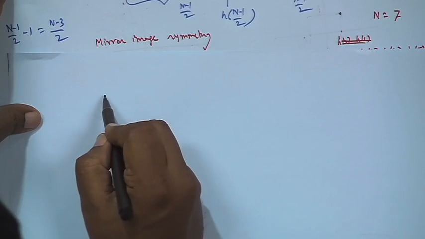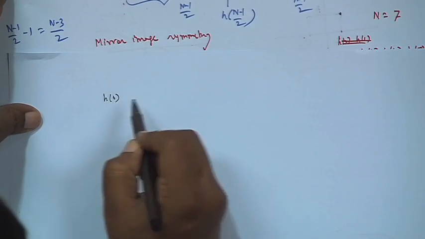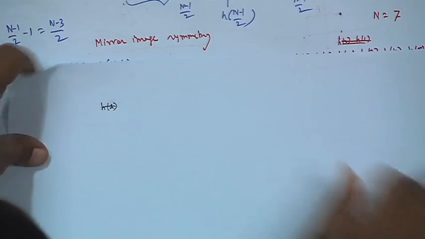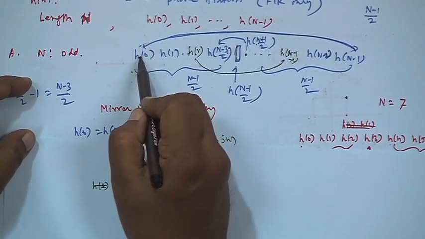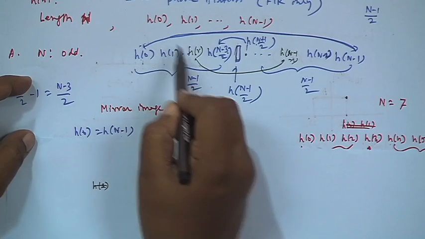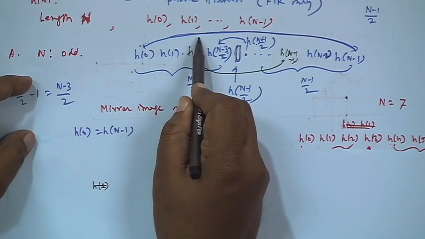So, actually then we have h0. When you take the DTFT, you will have h0 plus h1 e^{-jω} dot dot dot h_r e^{-jω r} dot dot dot.